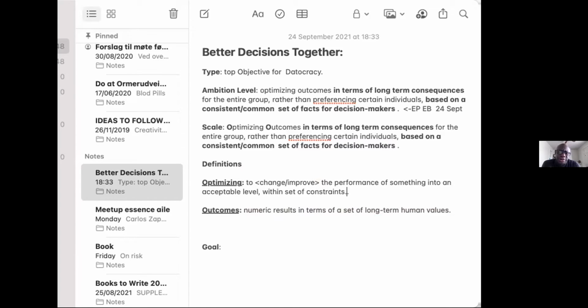I think the level to me sounds very similar to within a set of constraints. Let me express what I mean by that, because when I think of optimizing... oh, sorry, I did something wrong here. I put it in the wrong place, didn't I?